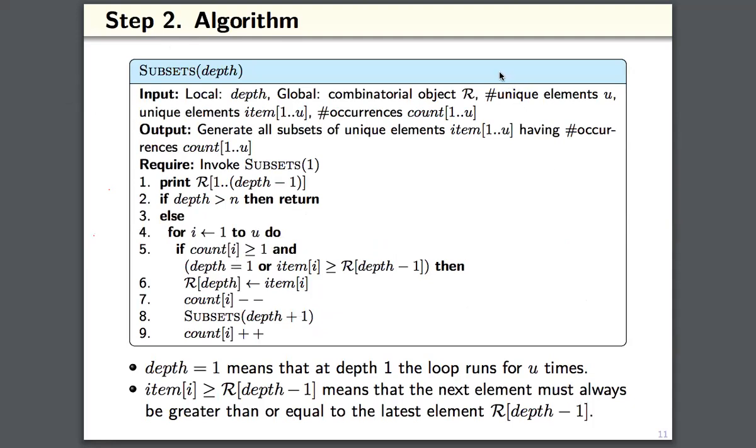Recursion in general is difficult to understand. As we said, every node is an accept node. If depth is greater than n, then we will definitely return. We are done with this. In other cases, we will try all possible values from 1 to u.